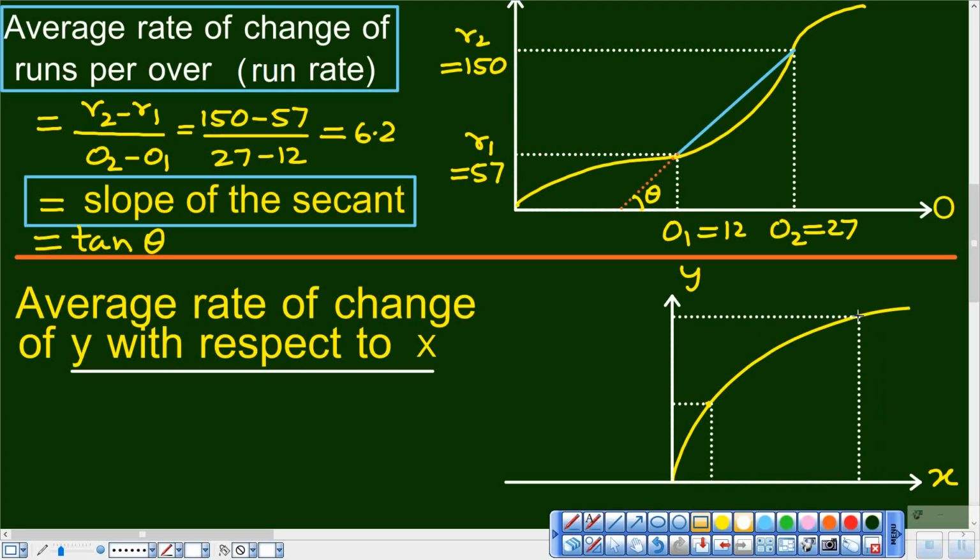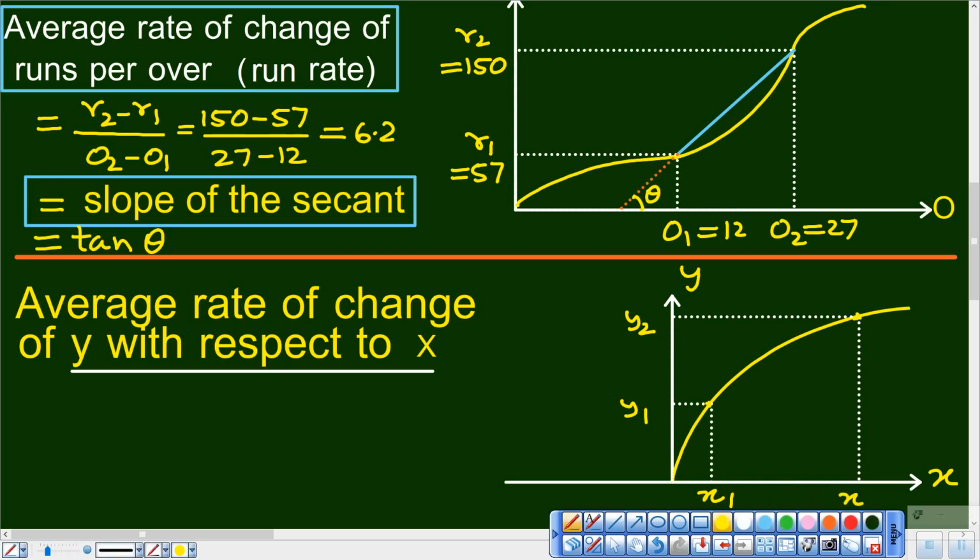So this is my x1, this is my y1, this is x2, and this is y2.